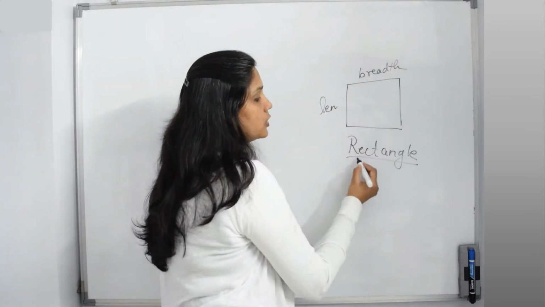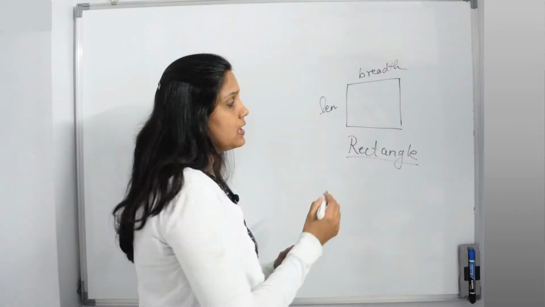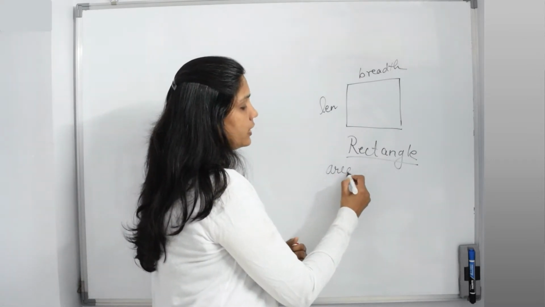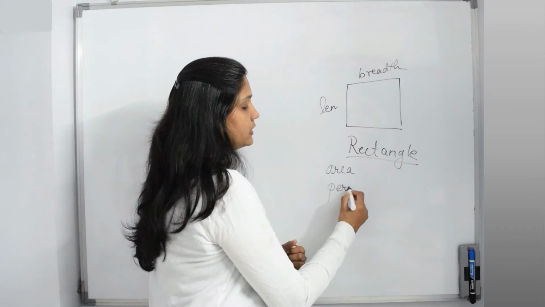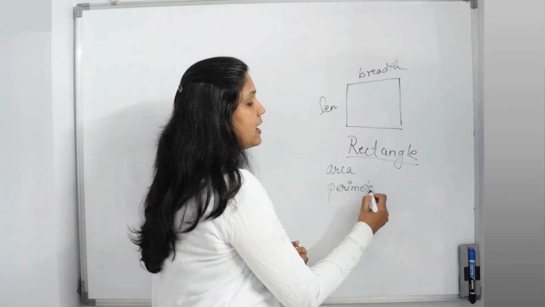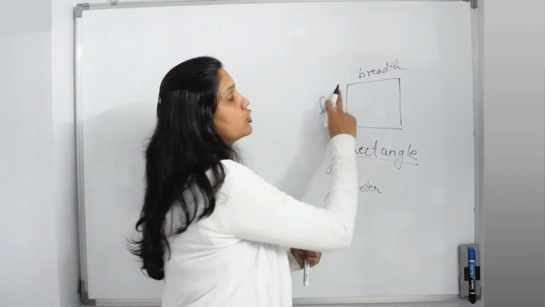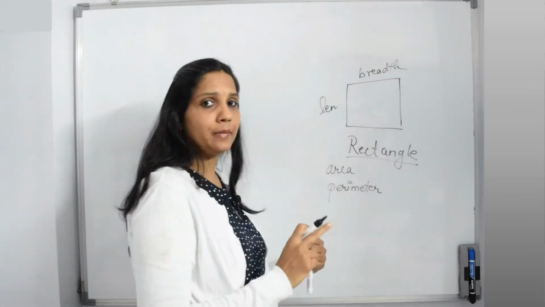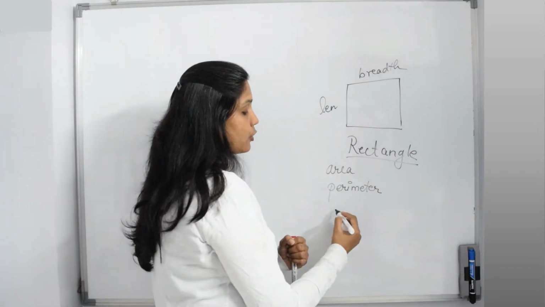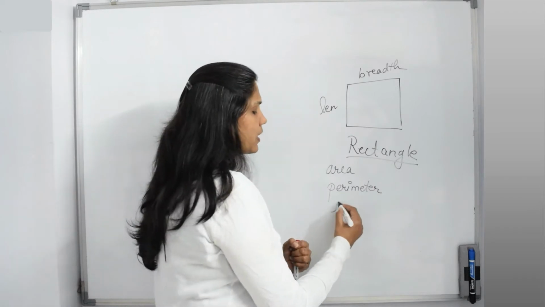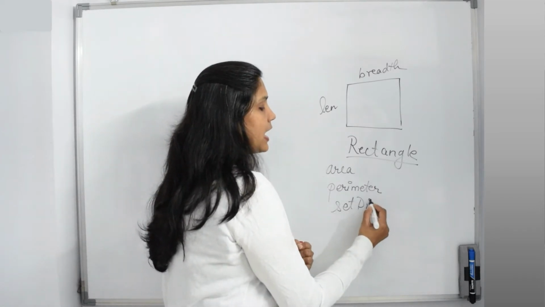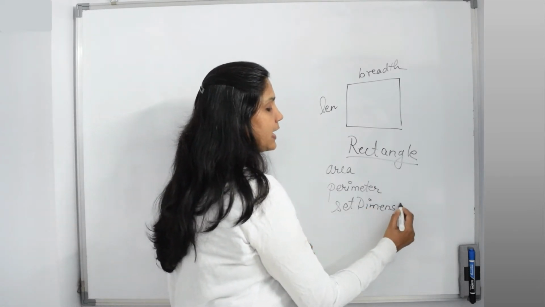Now when I talk about the dimensions of a rectangle, I can also find the area of a rectangle, I can find the perimeter of a rectangle, and if I want to draw a rectangle for some dimensions, I also need to provide the dimensions, or I can say set dimensions of the rectangle, right?